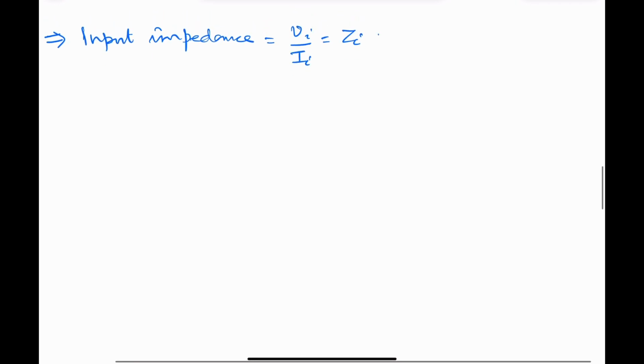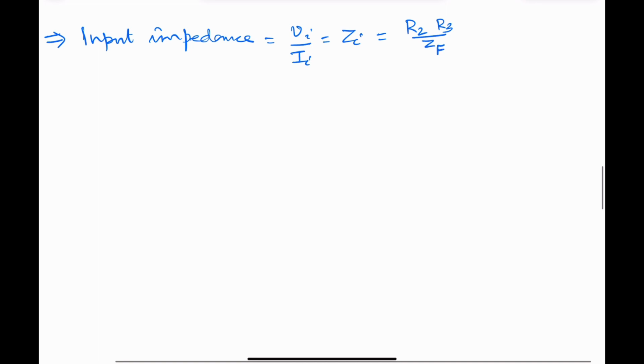So the input impedance, what is the Vi upon II? Input impedance. So I write the input impedance is Vi upon II. I write as Zi. This is equal to R2 R3 upon ZF.